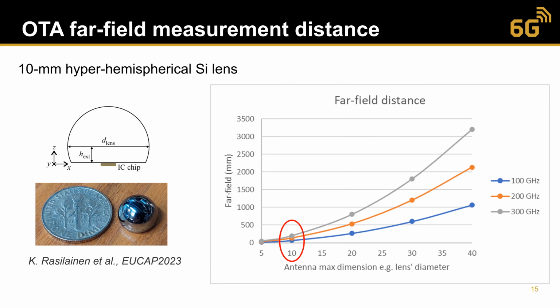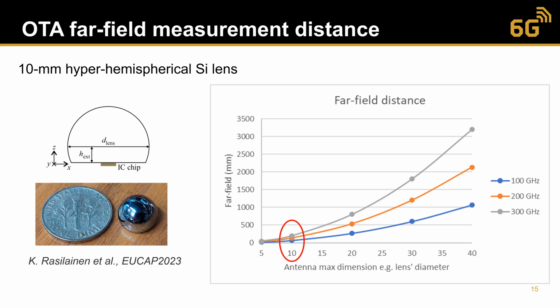A silicon lens antenna is an attractive option for the 6G high-frequency radios, which are operating from 100 GHz to 300 GHz. The far-field distance of different sizes of silicon lenses has been calculated. For 10 mm lenses, far-field distances are 6 cm for 100 GHz and 20 cm for 300 GHz.